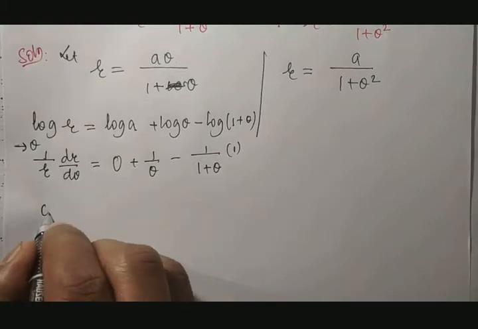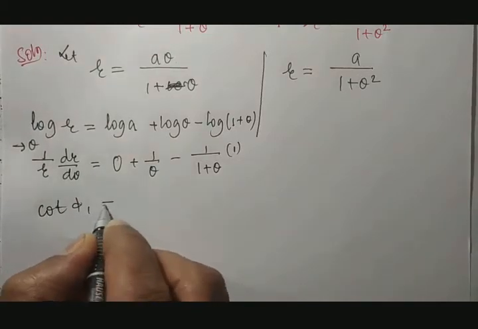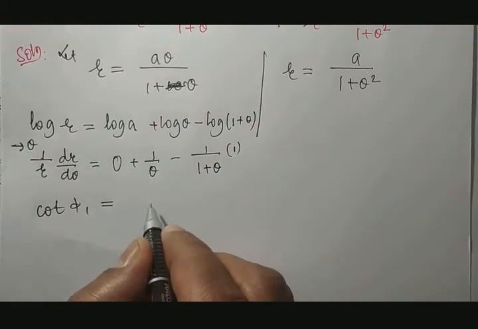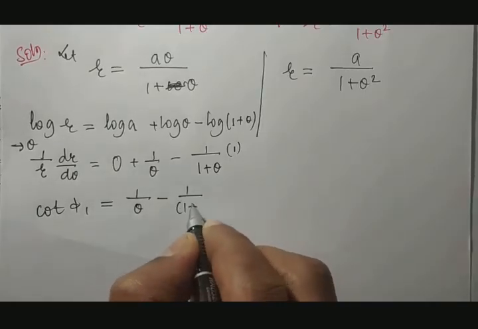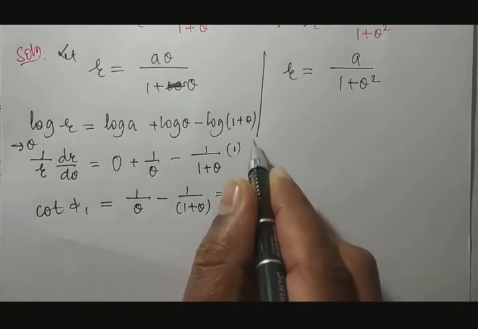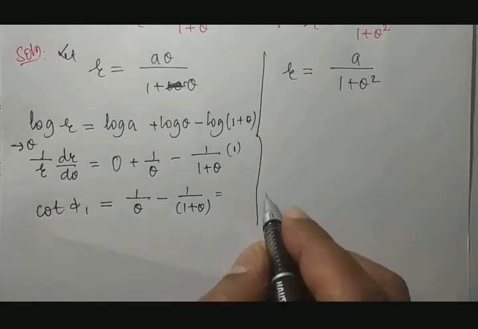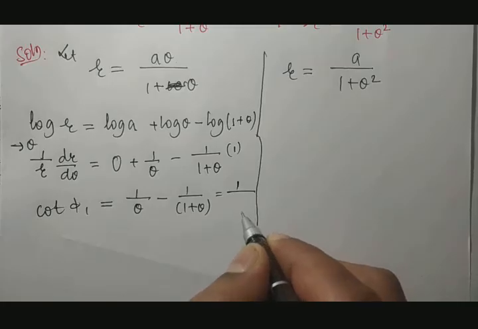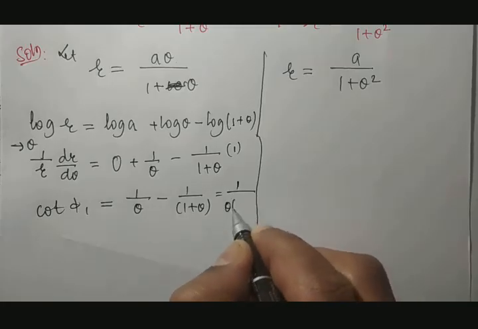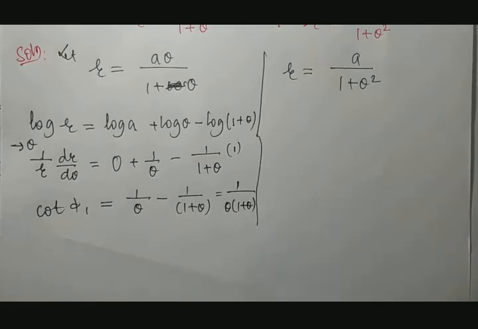Therefore, this can be taken as cot phi 1 is equal to 1 by theta minus 1 divided by 1 plus theta. This can be written as 1 divided by theta into 1 plus theta. If you take the LCM, it will be something like this only.